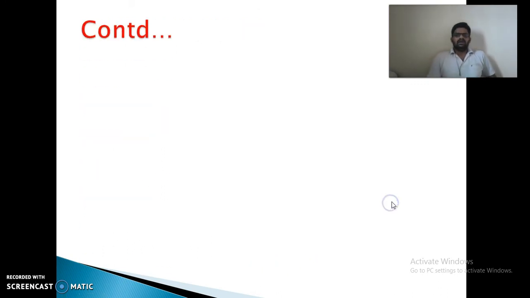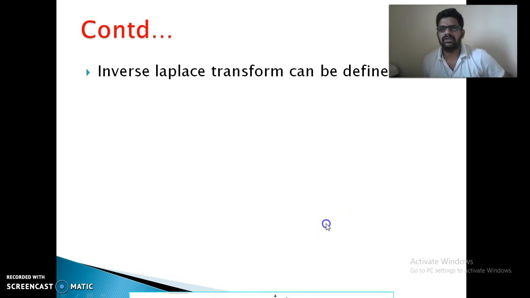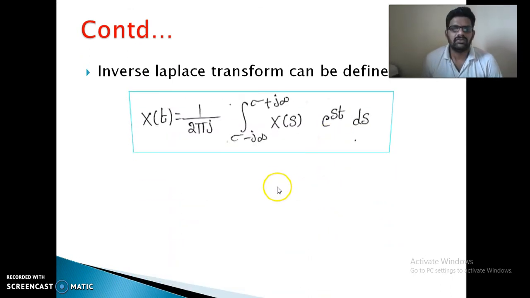So the inverse Laplace transform is defined as 1 by 2 pi j integral from sigma minus j infinity to sigma plus j infinity X(s) e^(st) ds. So this is the integral formula.